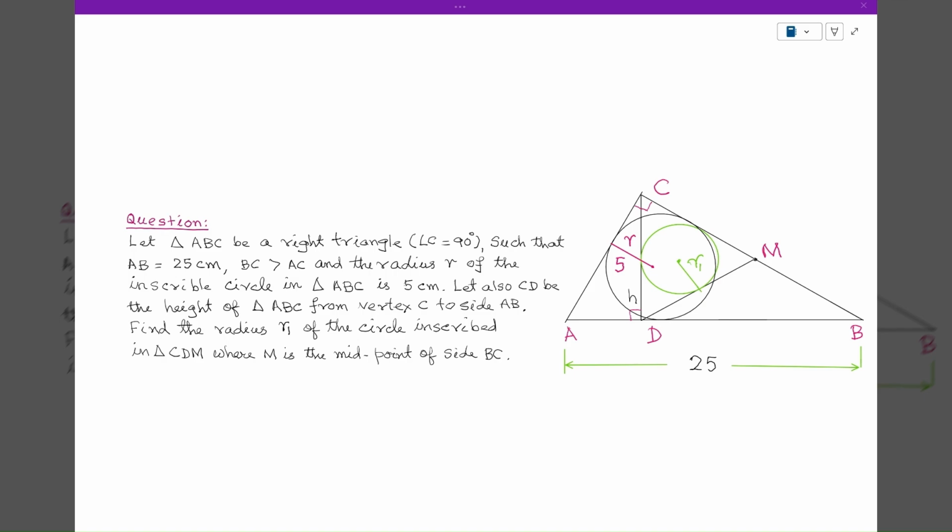Let also CD be the height of the triangle ABC from vertex C to side AB. Find the radius R1 of the circle inscribed in triangle CDM, where M is the midpoint of side AB.